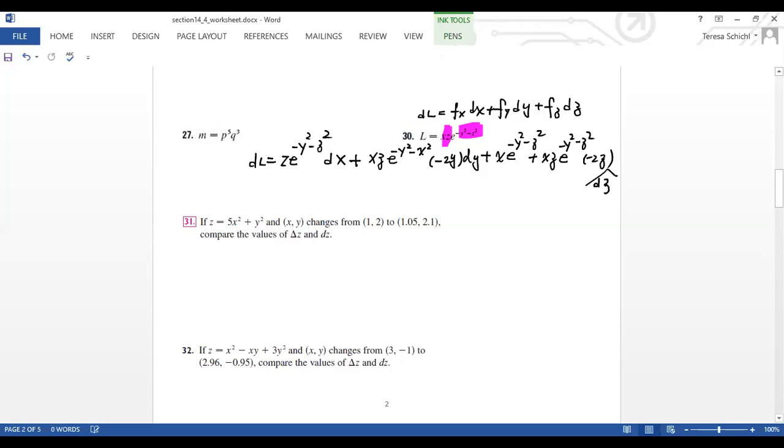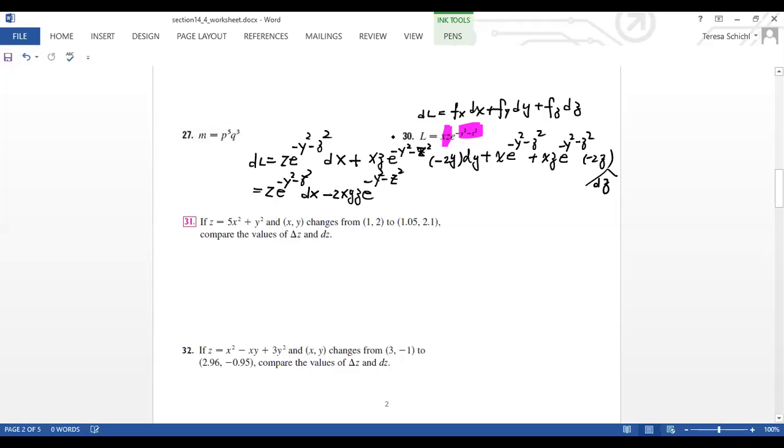And don't forget the dz, right? So if you combine a little bit, this one here will be z e to the negative y squared minus z squared dx. Then this one can be negative 2xyz e to the negative y squared minus z squared.